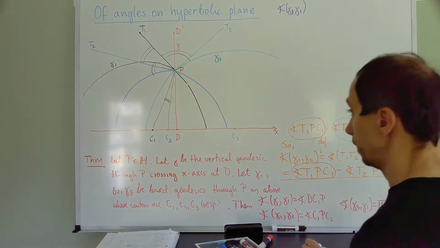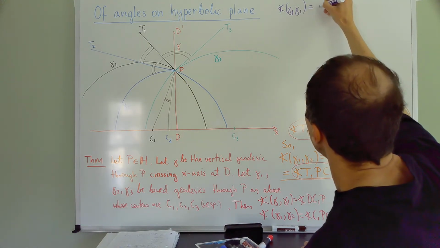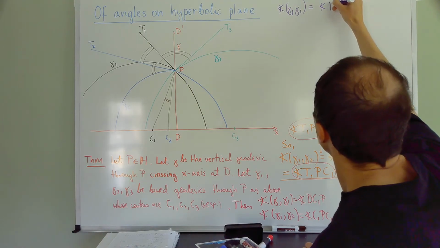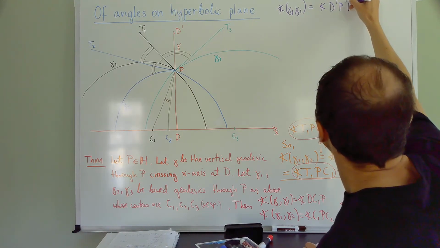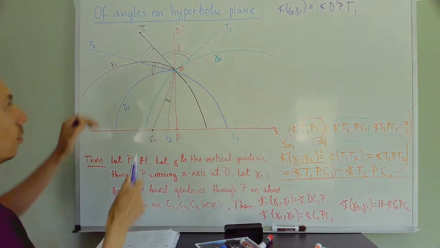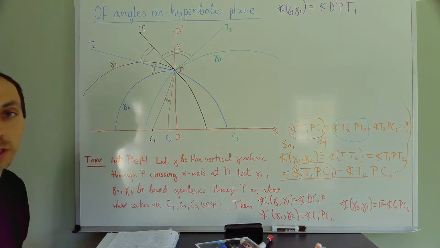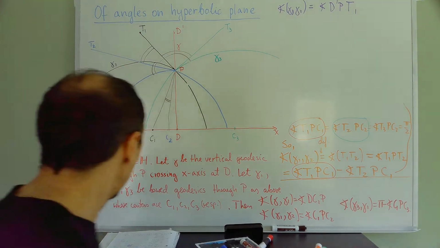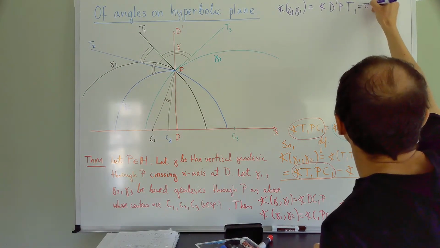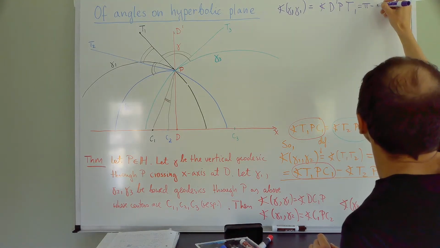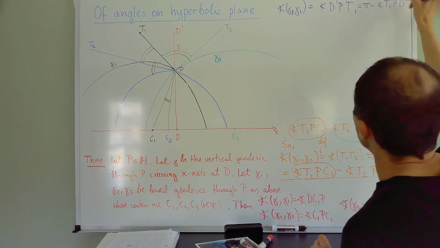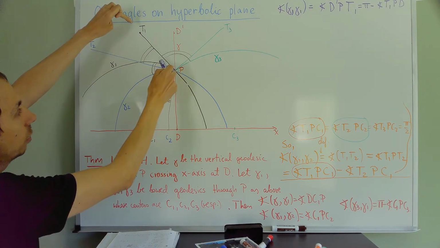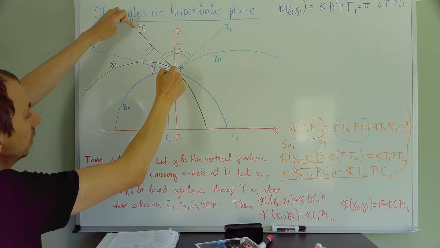By definition, this is the angle between D' P T1, because it's the angle between the vertical line and the line tangent to the black geodesic. But what is that? That's the same as pi minus the angle T1 P D. That angle here that we're interested in is 180 minus T1 P D.